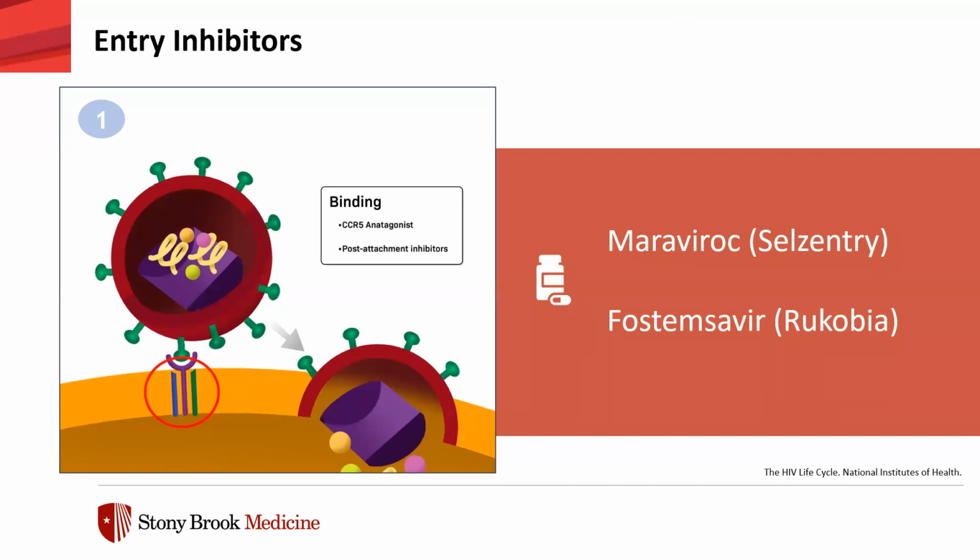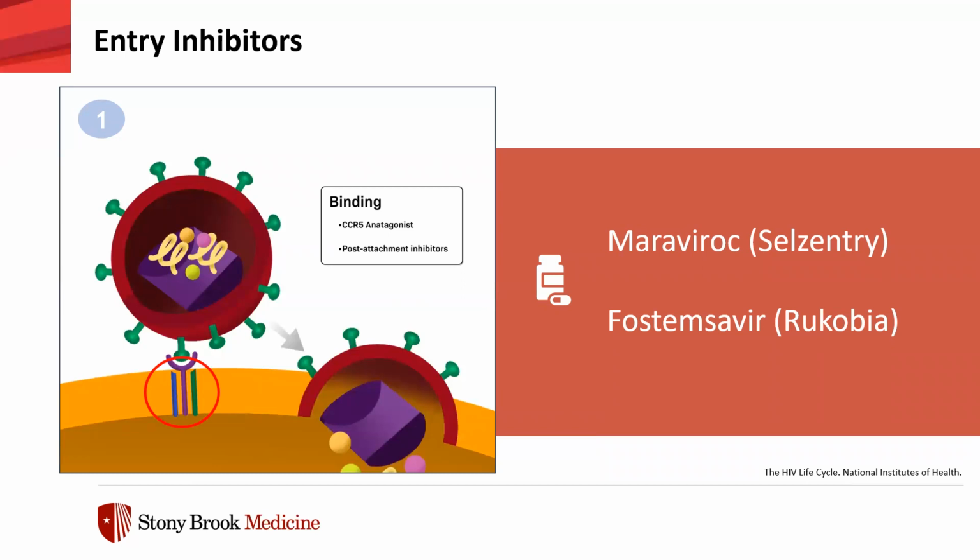Therefore, Maraviroc will not work if that CCR5 co-receptor is either not present or if there is another co-receptor present. Therefore, we can actually test to see what co-receptor the patient has with a co-receptor assay test known as Trofile. This viral tropism assay should be performed in all patients before initiation of Maraviroc, the CCR5 antagonist.